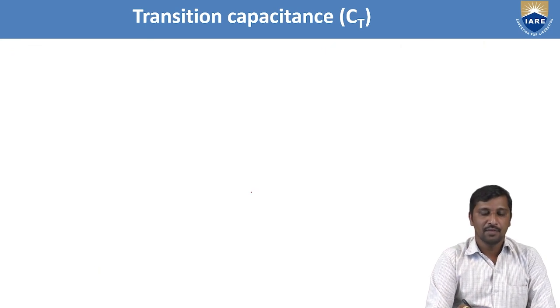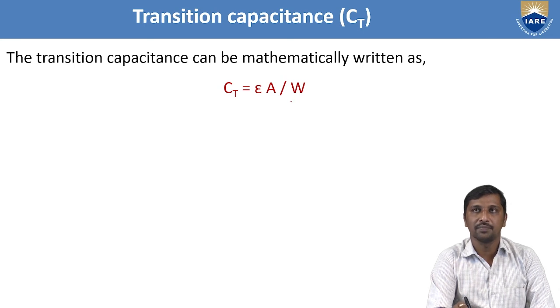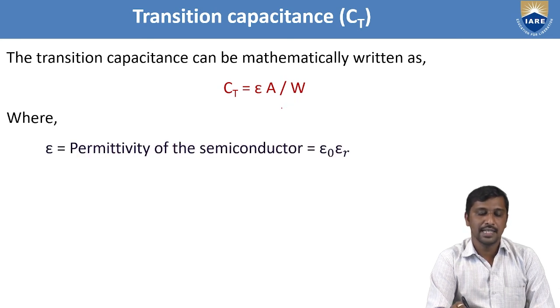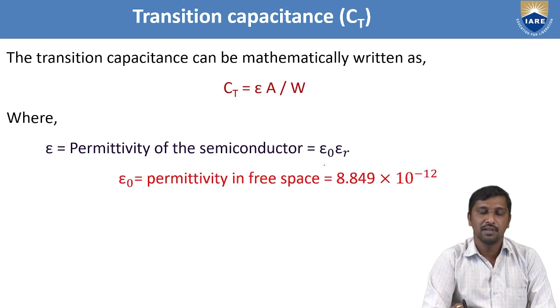The transition capacitance is mathematically represented as epsilon A by W, where CT is the transition capacitance and epsilon is the permittivity of the semiconductor, represented as epsilon naught epsilon r, where epsilon naught is the permittivity of free space, which is 8.849 into 10 to the power of minus 12.